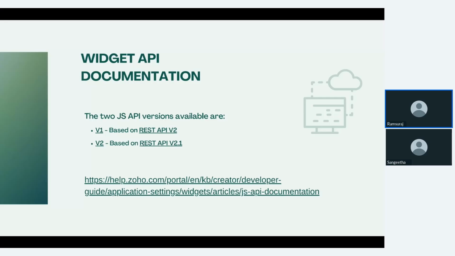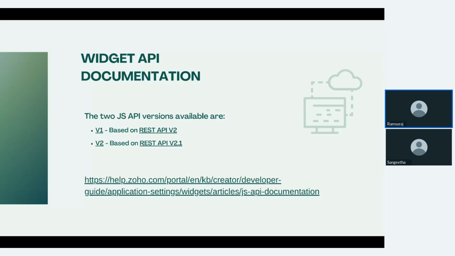Basically, we have two JS API versions available: version 1 and version 2. In version 1, we need to go through some process like initiating the Z, and only after initiation can we add or get records in the widget. In version 2, initiation is not needed, so we can access the data directly.